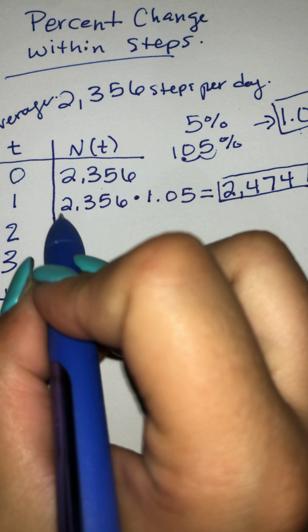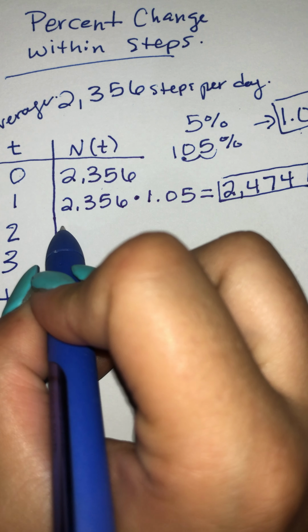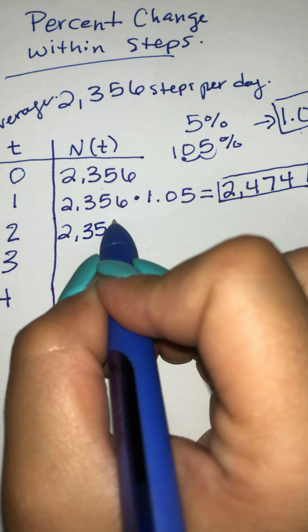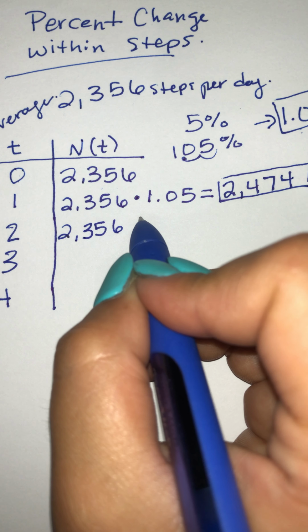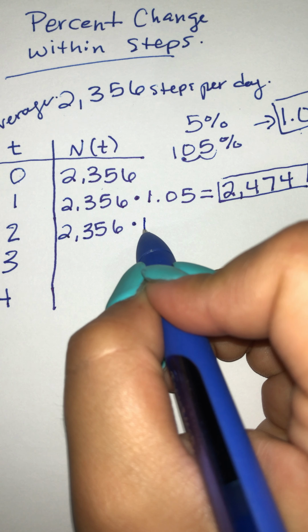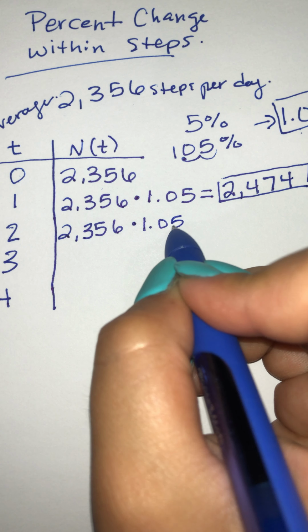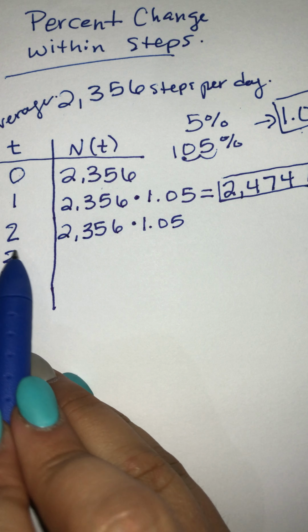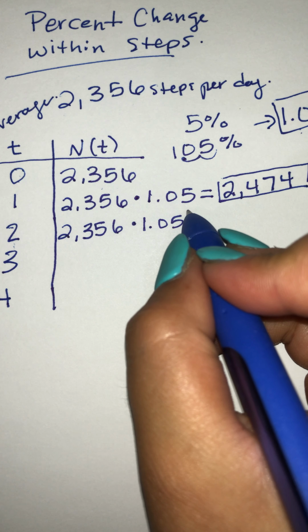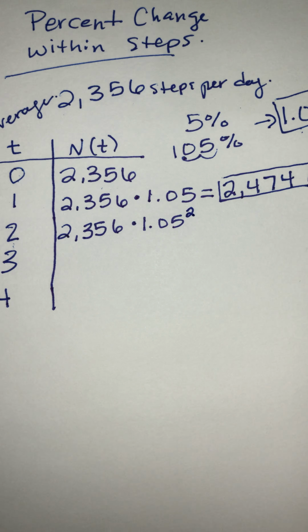For this next equation, I'm going to take my base data, 2,356, times 1.05, but we see that we're on week 2, so we need to square it. Otherwise I'm going to come up with the same answer.